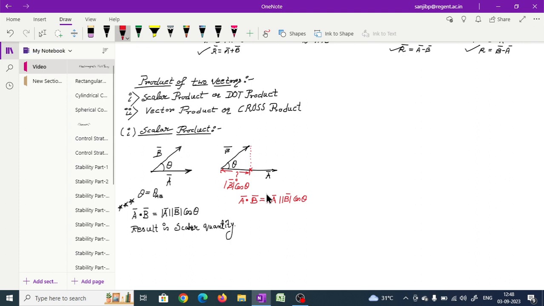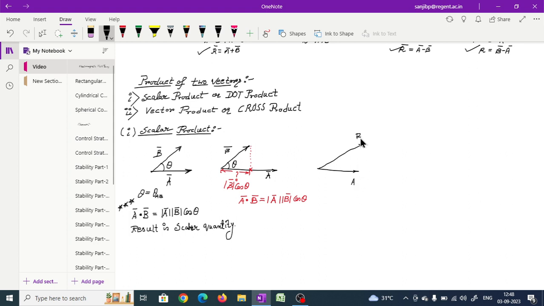Here is another option for getting this result. Suppose we draw this picture once again. Here I will draw the length of b as high and the length of a as less. This is my a vector and this is my b vector.